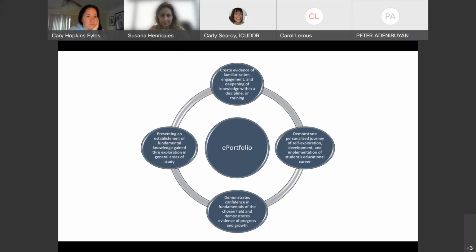So I think many of the learners might be able to put more effort into acquiring more knowledge in that area. Then looking at presenting an establishment of fundamental knowledge gained through exploration, I would like to shed more light on that if you don't mind, please. That presenting an establishment of fundamental knowledge gained through exploration in general areas of study.